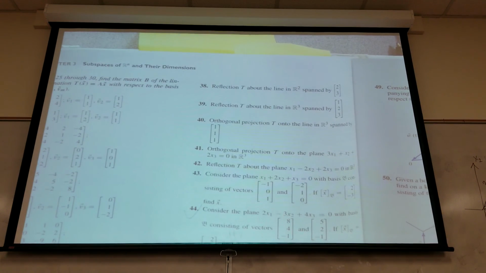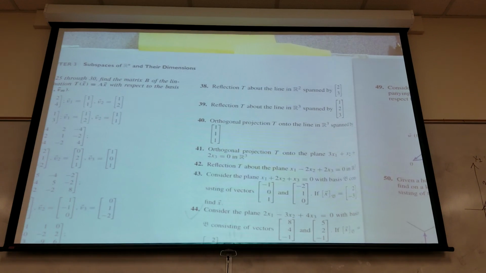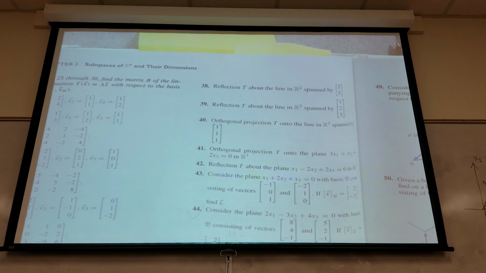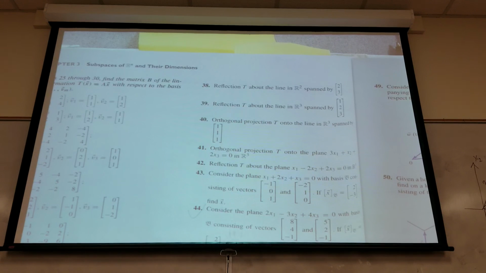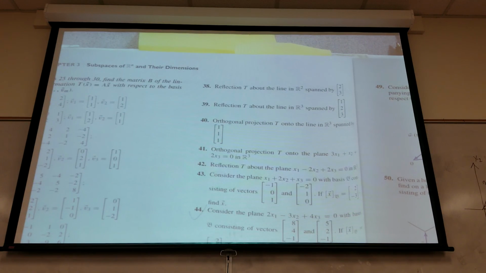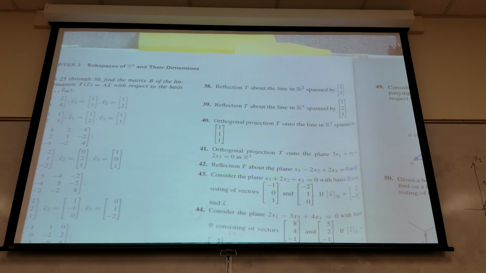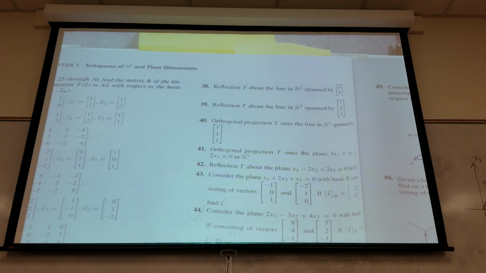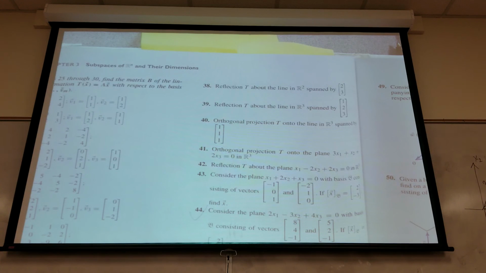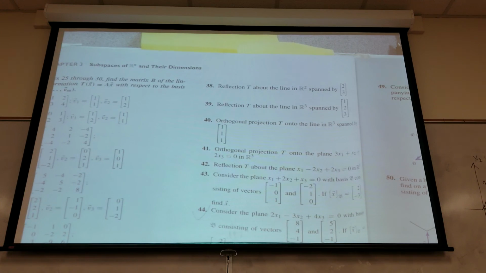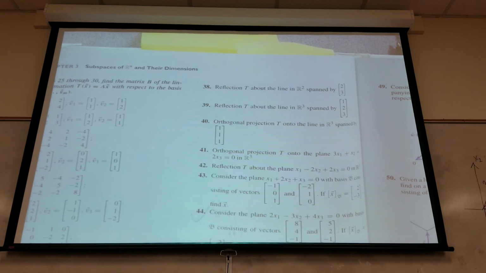So for these problems, 25, you can do exactly the same way as in the first group, the group we just studied. But then they have some problems that are bigger, right? A is 3 by 3, and then there are 3 vectors. They did not specify the way of doing this, right? Just do it anyway.